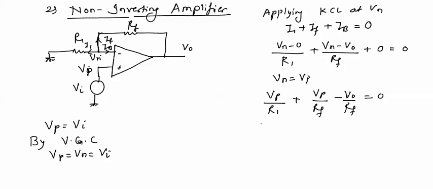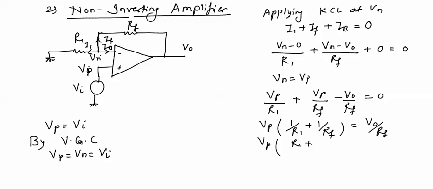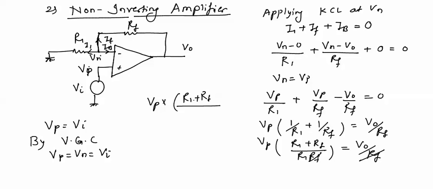This will go to this side. So Vp into 1 upon R1 plus 1 upon Rf will be equal to V0 by Rf. Cross multiplication, we get R1 plus Rf upon R1 into Rf equal to V0 by Rf. This will be cancelled. So we get Vp into R1 plus Rf upon R1 equal to V0.